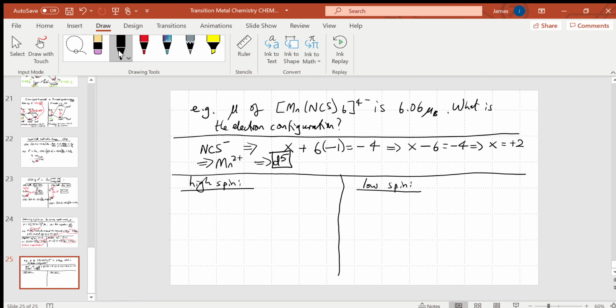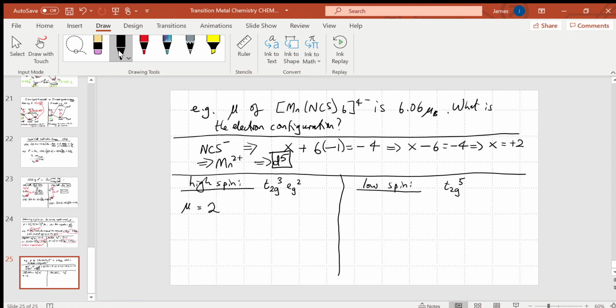Okay, well, if it's high spin, spin-only magnetic moment is going to be the number 2. Well, remember, if it's high spin, we should write the potential electron configuration. This would be t2g3 eg2, and the other contender is t2g5. They're the two options, right?